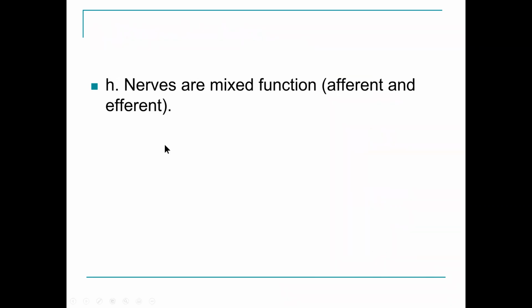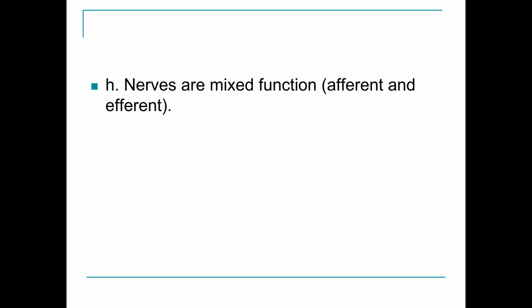Spinal nerves are mixed. What that means is that they have both sensory and motor fibers in them. Now, remember, when I say motor, and we're talking about the nervous system, we're talking about voluntary muscles, and we're talking about autonomic functions.